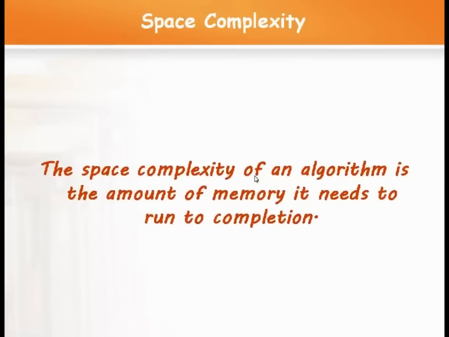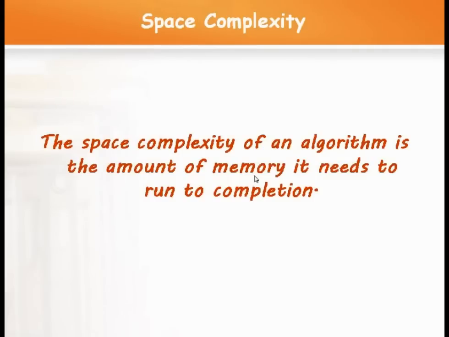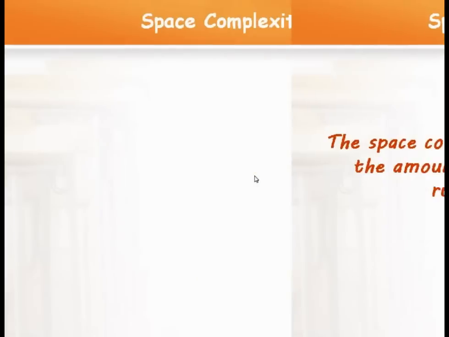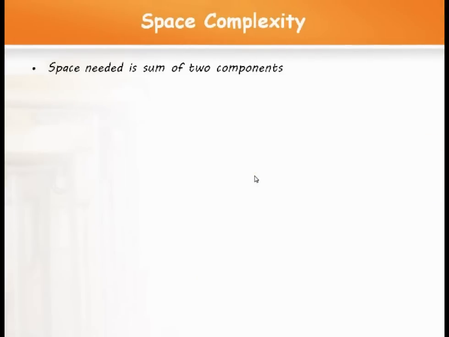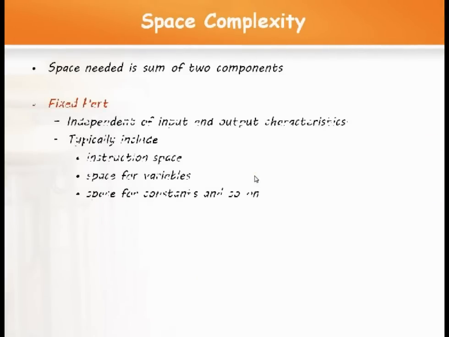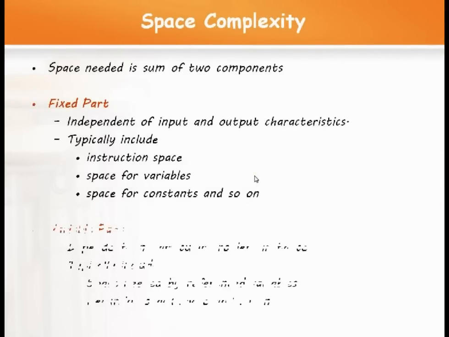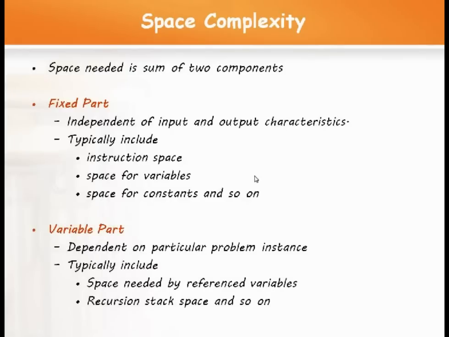The space complexity of an algorithm is the amount of space, that is the memory, required by the algorithm to run to completion. The space required is a sum of two components. It may be either a fixed space or a variable space.